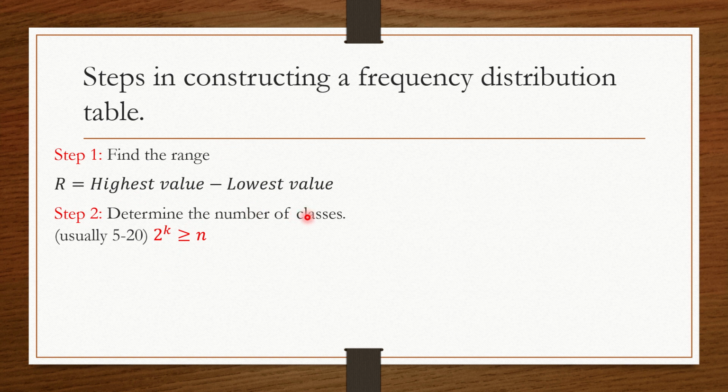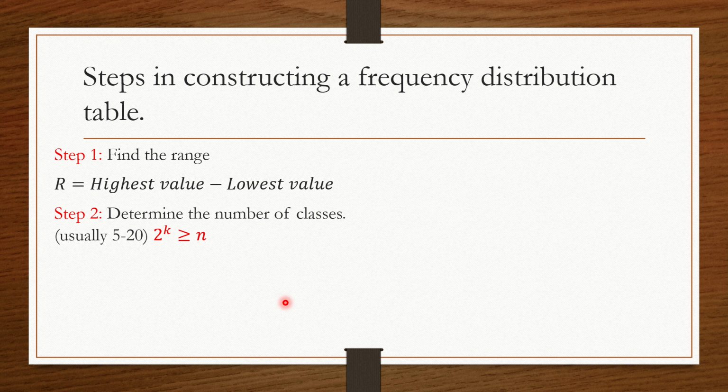Next, step 2, determine the number of classes. So, usually po, yung number of classes is 5 to 20. And sometimes, hindi mo na kailangang hanapin pa yung number of classes, kasi, sometimes, nasa problem na po siya. Okay? So, sinasabi na doon kung ilan ba yung number of classes yung gagamitin.